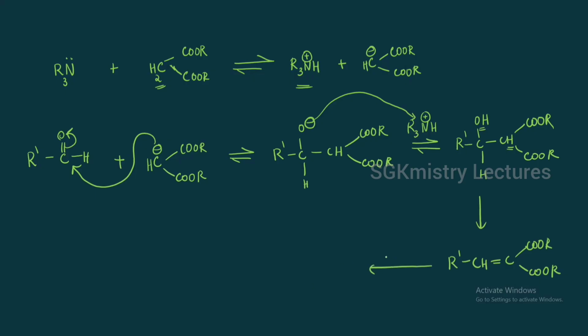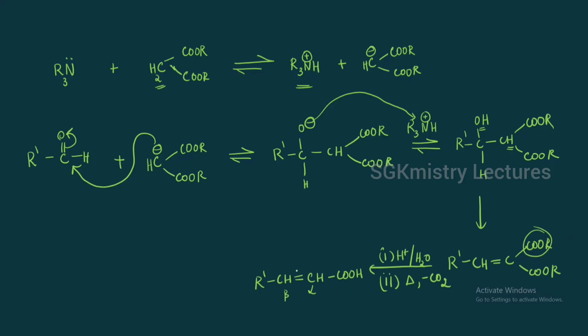Now this, on the first step, acid hydrolysis, and second step, heat and removal of carbon dioxide, we know that we are going to get R dash CH double bond CH COOH, right? There is a removal of the carbon dioxide molecule, and of course the first step is the acid hydrolysis, because of which we are going to get the alpha beta unsaturated carboxylic acid.